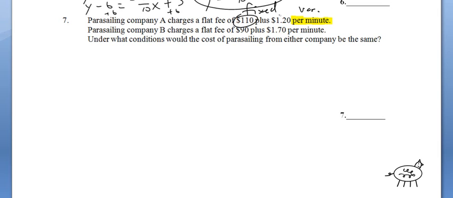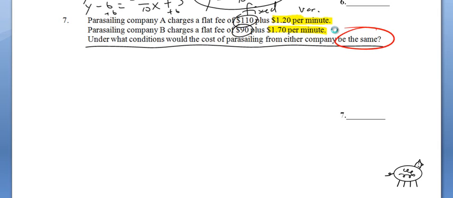Parasailing Company B charges a flat fee of $90, so again, that's my fixed, and they charge $1.70 per minute. So that's going to be my variable cost. So let's figure this out here. What you're trying to do is find under what conditions the cost of parasailing from either company would be the same. The key word here, math fans, is the same.